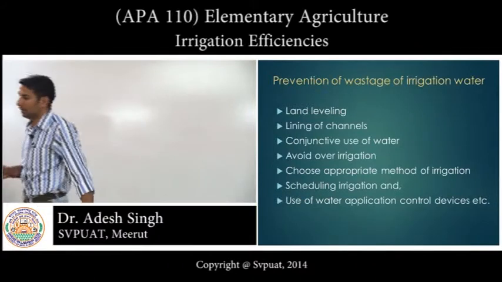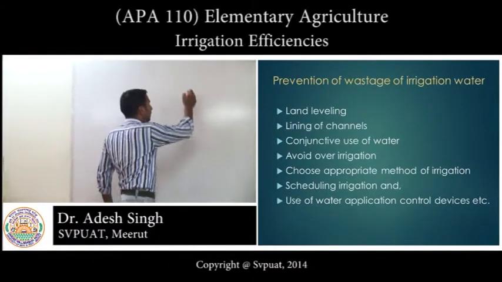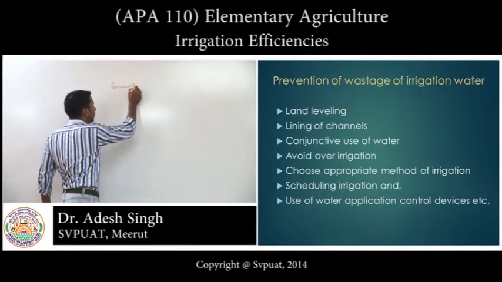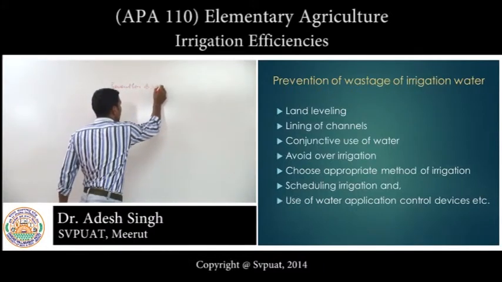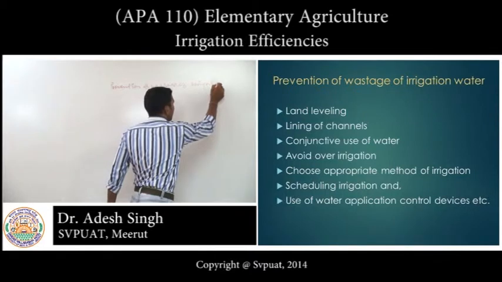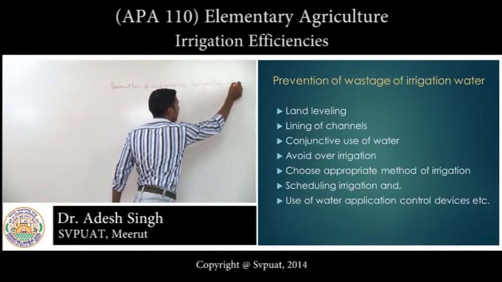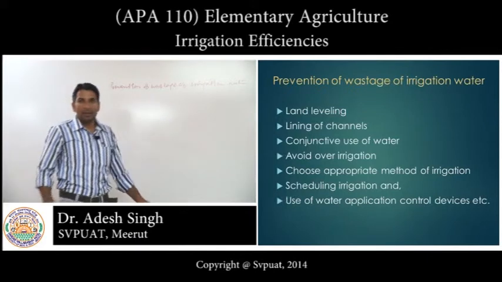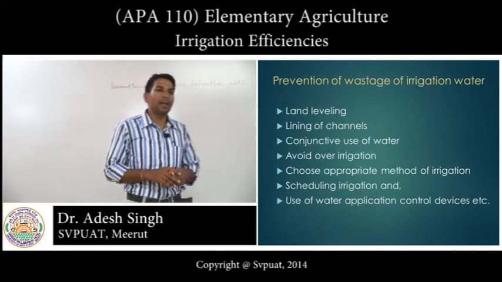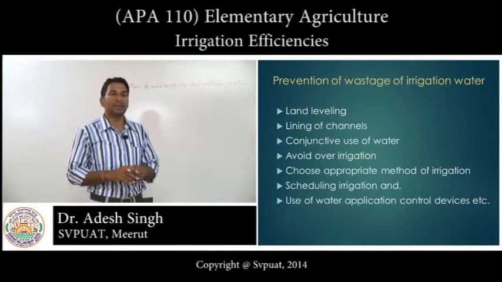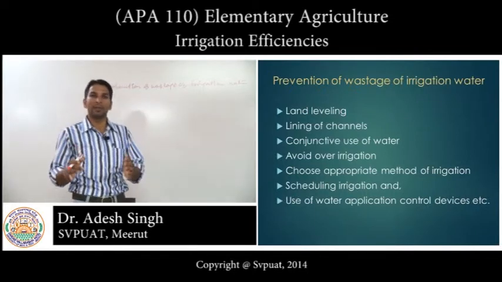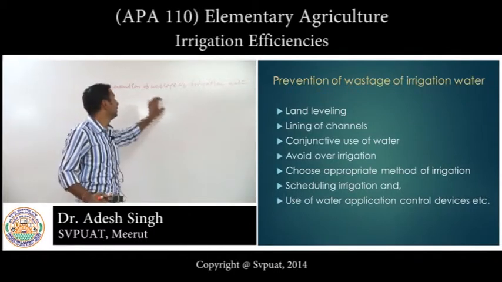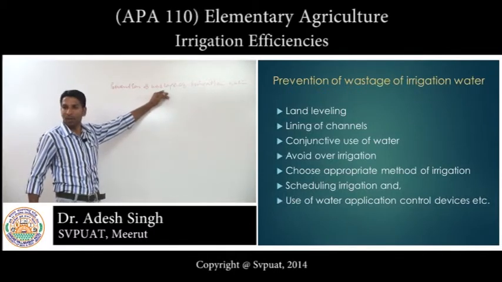Then another topic is the prevention of the wastage of irrigation water, means if we provide over irrigation, beyond what is the actual need for the crop. If we provide the excess water, then there is the wastage of water.